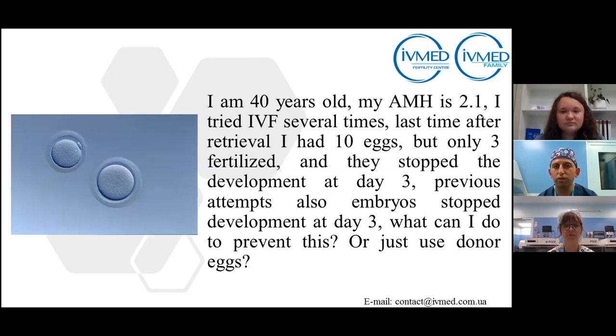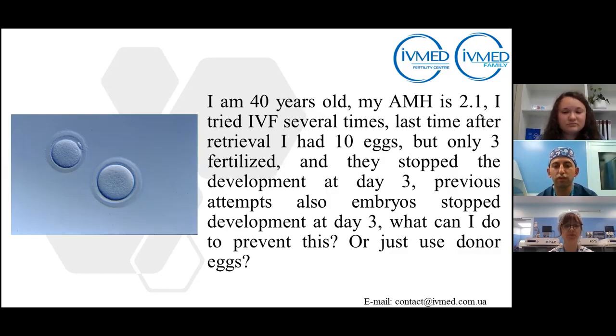So we are able to get quite high quality oocytes with maturity, but because of the age, of course, especially calcium activation inside the oocyte and plasma membrane permeability are much lower as age is increasing. Of course, that affects fertilization directly. In this case, mostly embryos stop on the 3rd day, and only about 30% of oocytes get fertilized, as we see in this case.